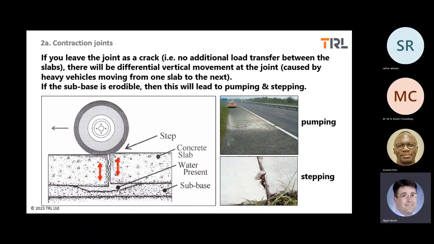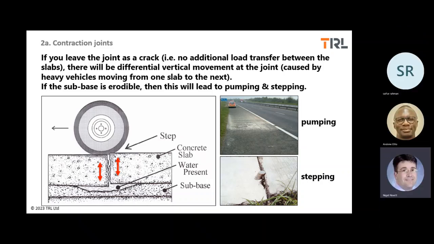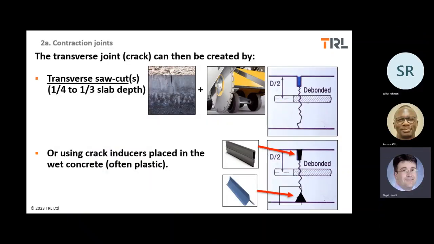You have jointed reinforced, which has reinforcement and joints, but that's a bigger slab. And then you have continuously reinforced, which doesn't have joints. I'll explain that later. So for these joints, it's not CRCP, not continuously reinforced. It's either unreinforced or jointed reinforced, but I'll explain the difference of those types of pavement.